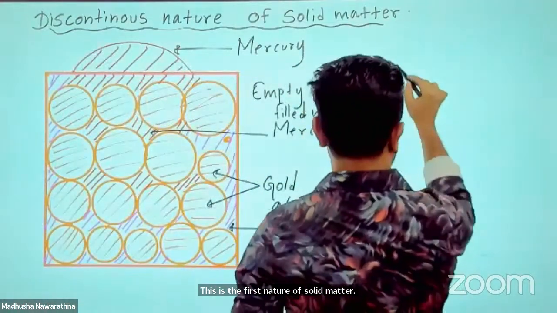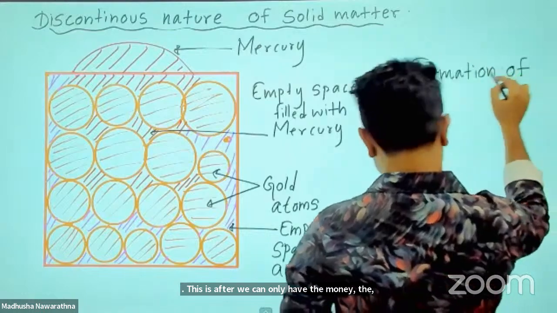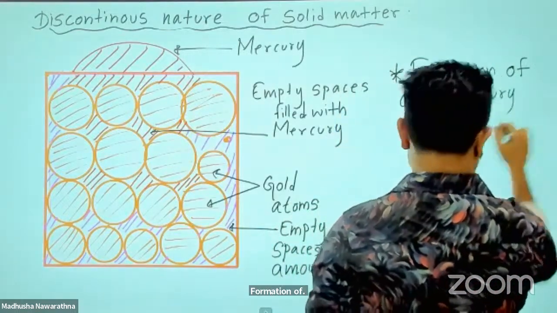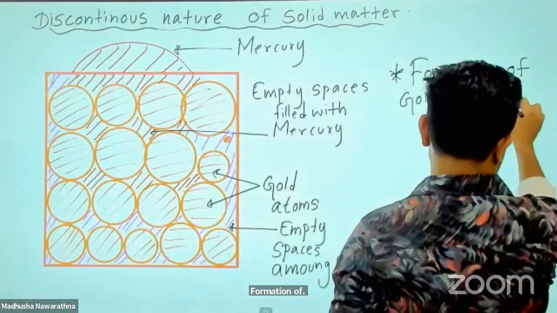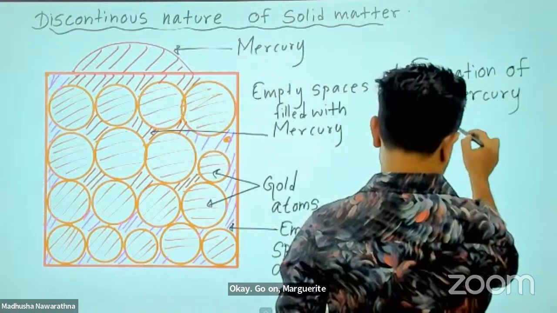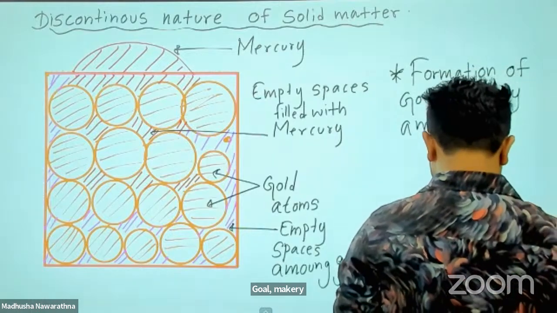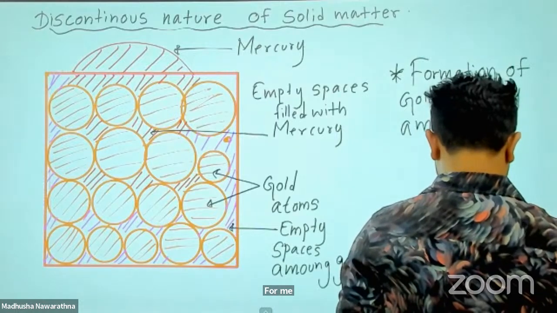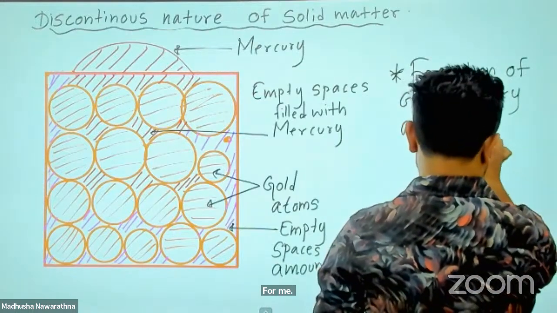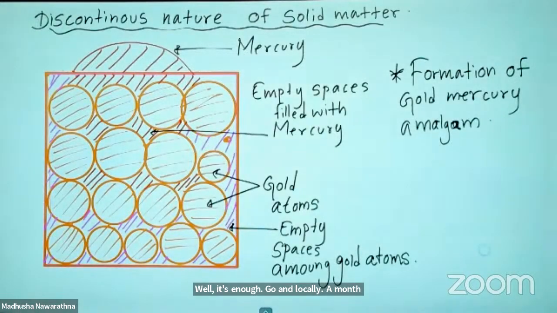Since I don't have enough space for this subtopic here, you write it under this topic: Formation of gold mercury amalgam. That's the subtopic. Okay, and then draw this diagram.